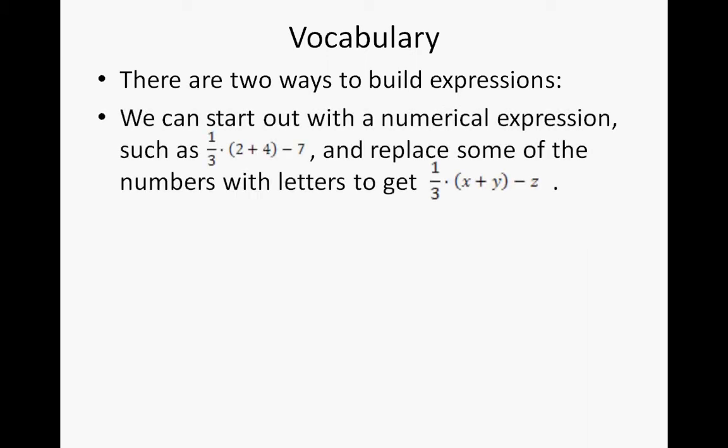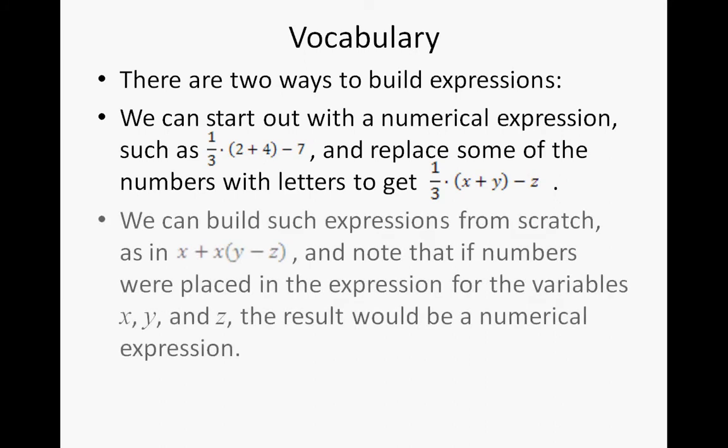We can start out with a numerical expression such as 1/3 times the quantity of 2 plus 4 minus 7 and replace some of the numbers with letters to get 1/3 times the quantity of x plus y minus z. We can build such expressions from scratch, as in x plus x times the quantity of y minus z, and note that if numbers were placed in the expression for the variables x, y, and z, the result would be a numerical expression.